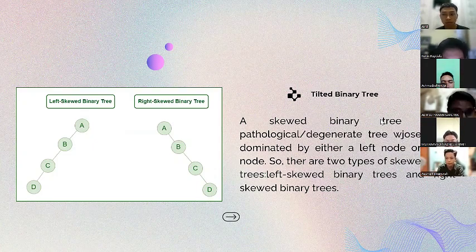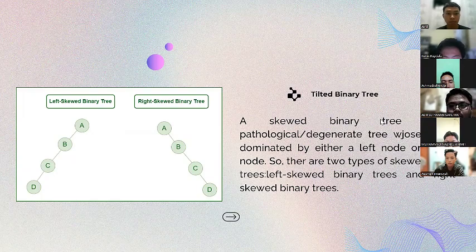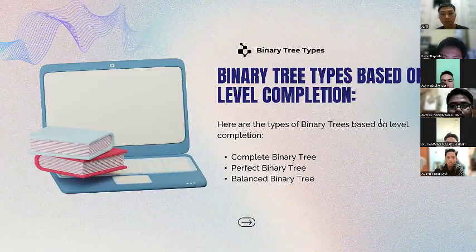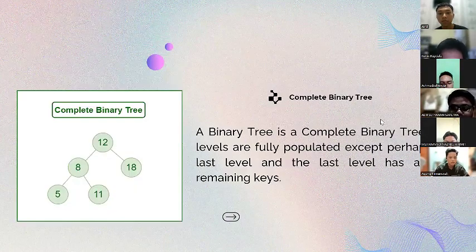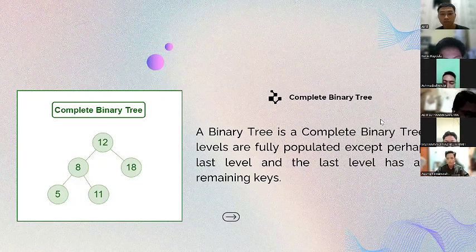Next, we have binary trees based on level completion, divided into three: complete binary tree, perfect binary tree, and balanced binary tree. The first is a complete binary tree. This is an example of a binary tree where every level is completely filled except for the last level.